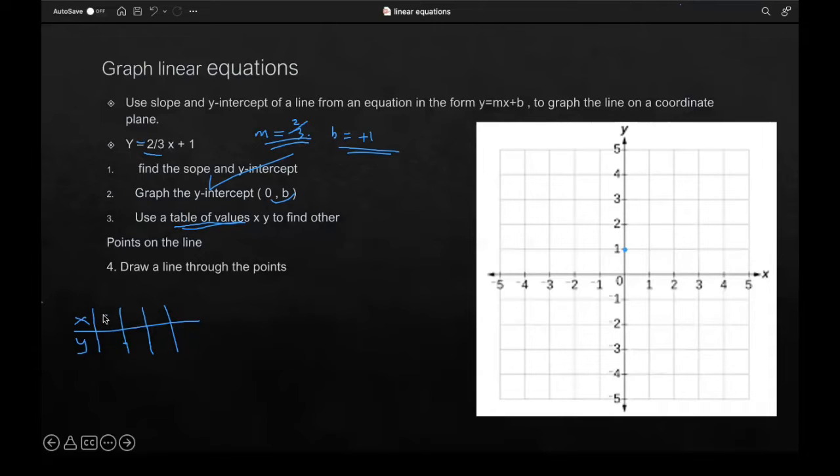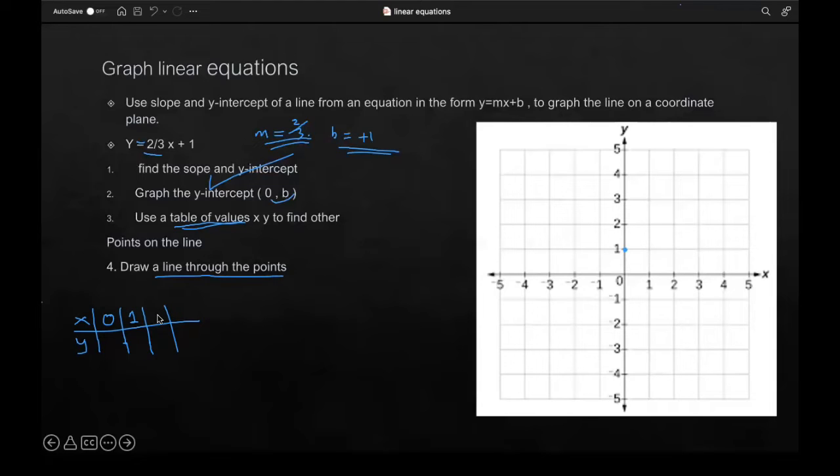So let's say we have 0, any number you want. Maybe 10, 12, 3, 0, negative 1. Whichever number you want, you simply substitute this value of x in the equation to get the y. And that is for each value, of course, separately. And so you get the x and you get the y, and simply you plot the points, and then you draw a line through the points, and then you have your straight line graphed perfectly.